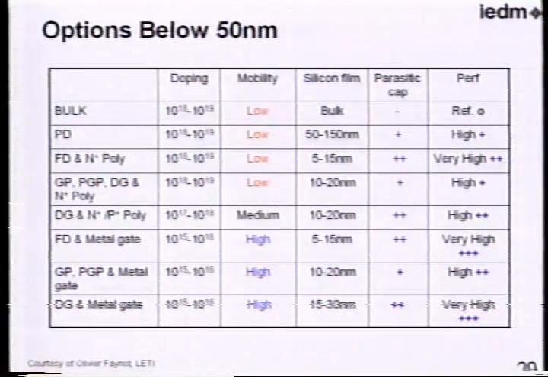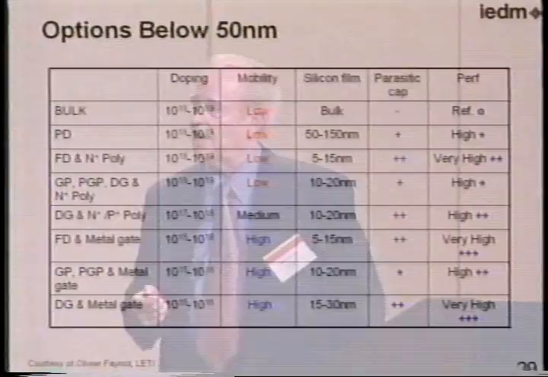And you can see the very interesting levels of doping that you can go with, and mobility concerns. Mobility actually improves in these fully depleted devices. Of course, when you start doping the channel very heavily, your mobility goes down because of that. And with the double-gated, fully depleted devices, you can use much lower doping or an almost intrinsic body.